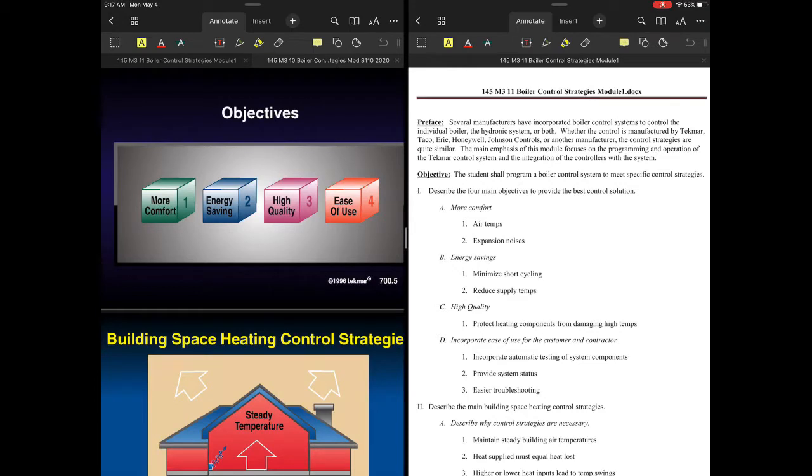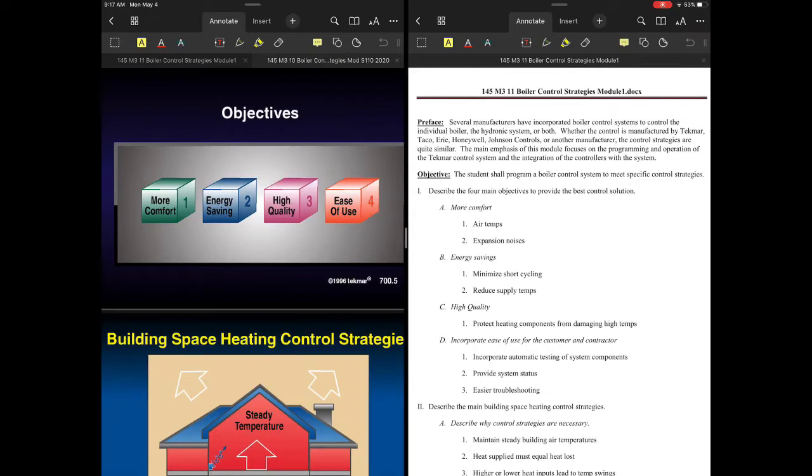Whether we are dealing with an older control or any type of the newer boiler controls, so much of the capabilities of these boiler controls from past as well as present are identical.